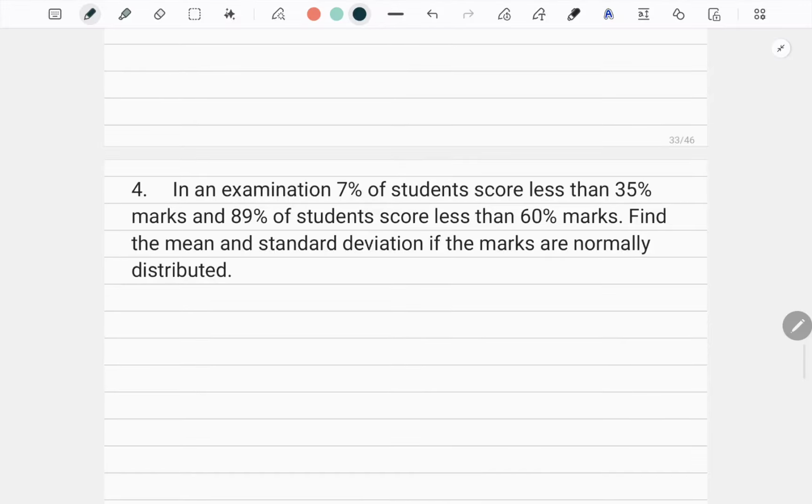See, in an examination, 7% of students score less than 35. Read the question properly. It means the probability for x less than 35 is equal to 7%, which is 7 by 100, that is 0.07.